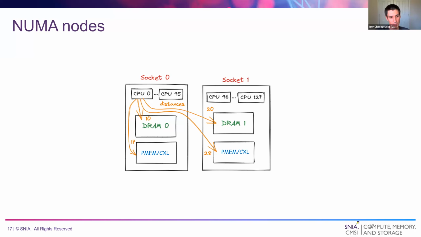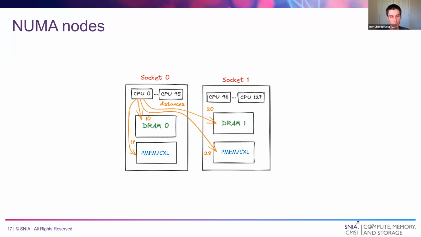One NUMA node would represent the local DRAM memory along with the CPU cores that are local to this socket. And the second NUMA node would represent PMem and CXL. That would be a headless NUMA node, so that means it wouldn't have any associated CPUs. And the same would be true for socket 1. So in total, we would have 4 different NUMA nodes.